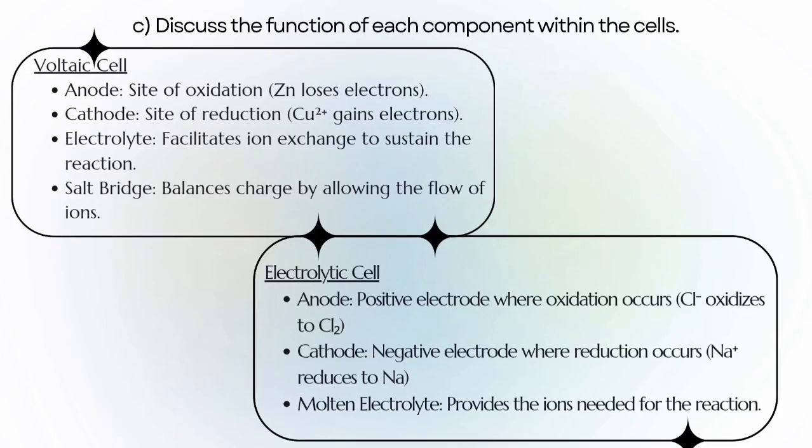The function of electrolyte is to facilitate ion exchange to sustain the reaction. Salt bridge functions to balance charge by allowing the flow of ions. Electrolytic cell anode functions as positive electrode where oxidation occurs, while cathode functions as negative electrode where reduction occurs. Molten electrolyte is to provide the ions needed for the reaction.